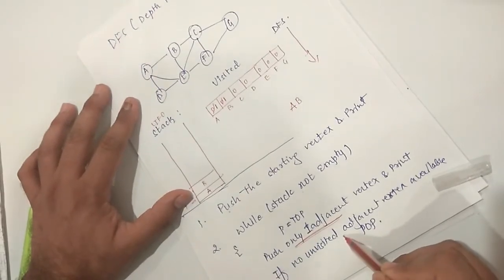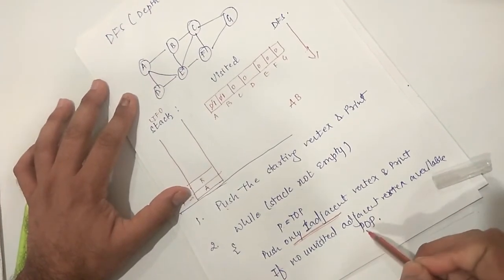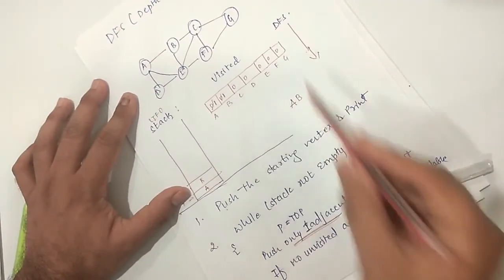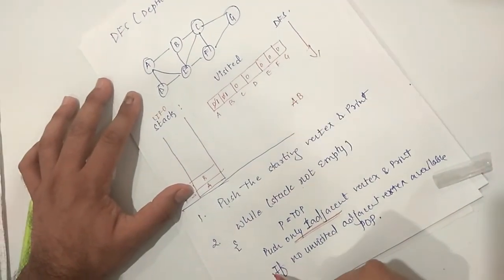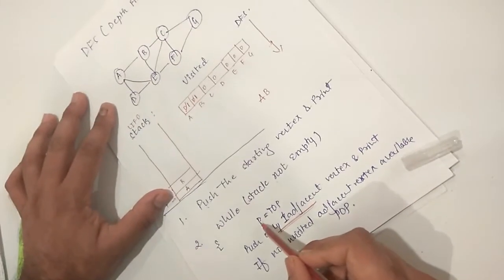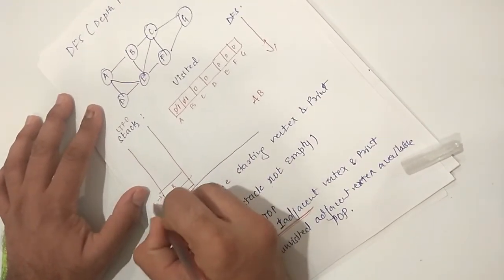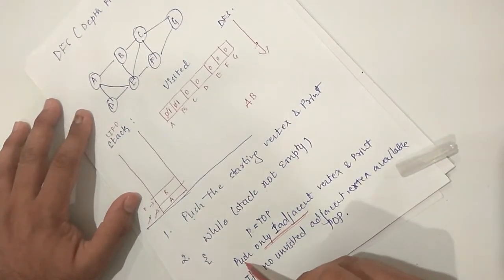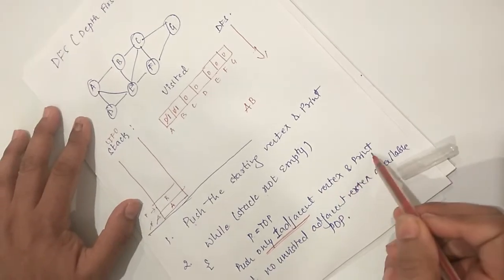Next, if no unvisited adjacent vertex are available, then pop. But over here there are many unvisited vertices available, so this step will not go in this condition. Again the while P is equal to top. Now this becomes your top of the stack instead of this. Again push only one adjacent vertex and print.